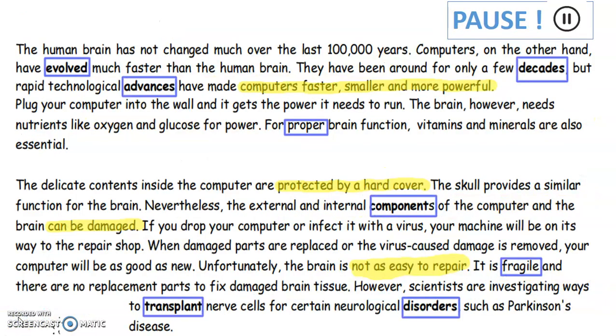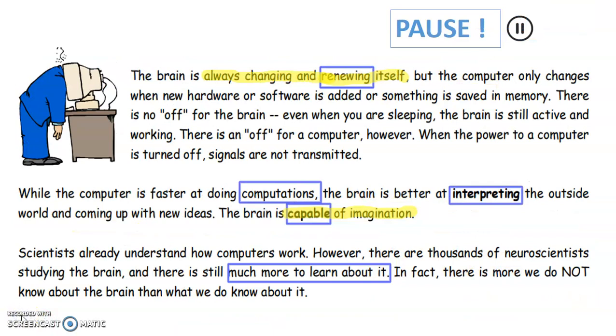This is the second part of the reading text. Please again pay attention to the parts that are highlighted in yellow and the words in blue rectangles. Pause the video and read carefully. Don't forget to take notes in your notebook. Well done. This is the last part of the reading text.